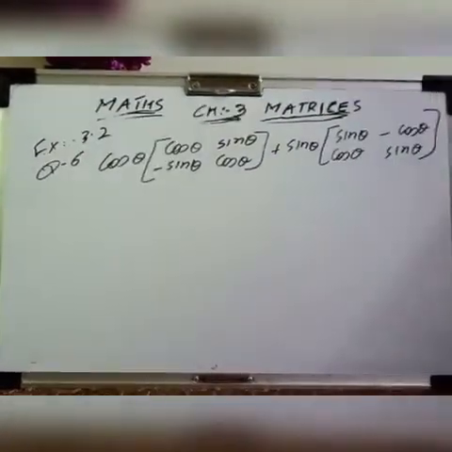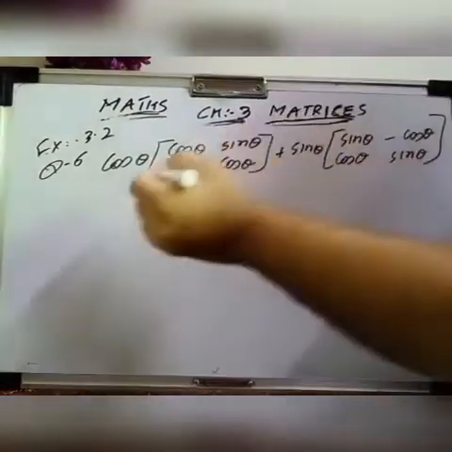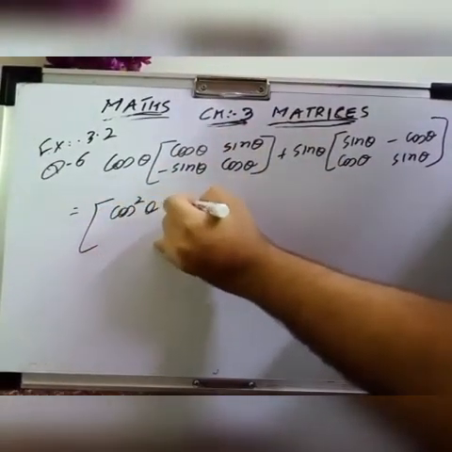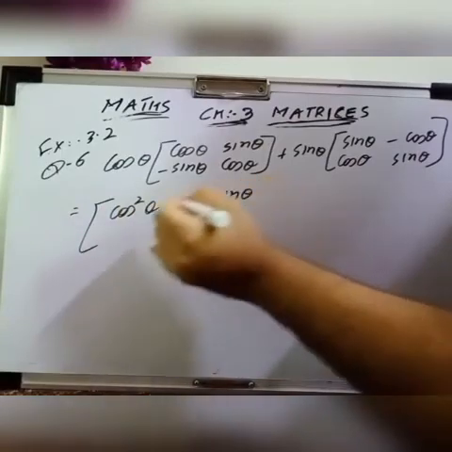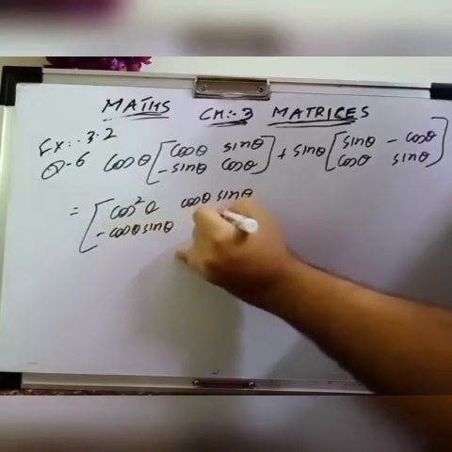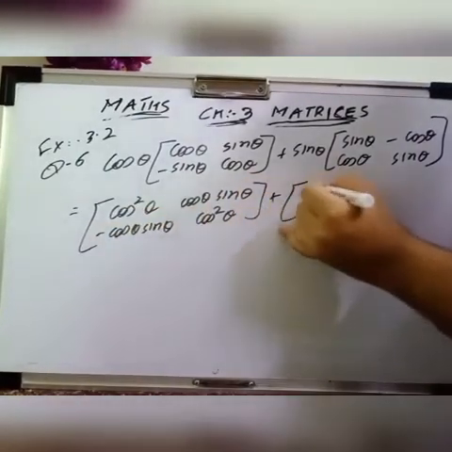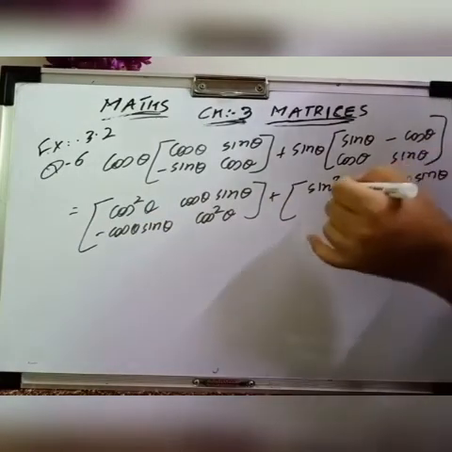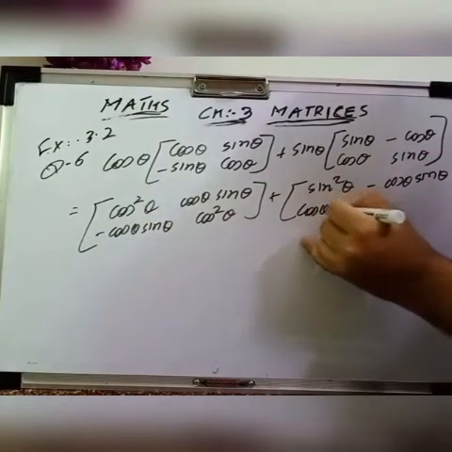Let's understand the sixth question where we have to multiply cos theta with each and every element. So I will have cos square theta, cos theta sin theta, minus cos theta sin theta, cos square theta, plus sin square theta, minus cos theta sin theta, cos theta sin theta.